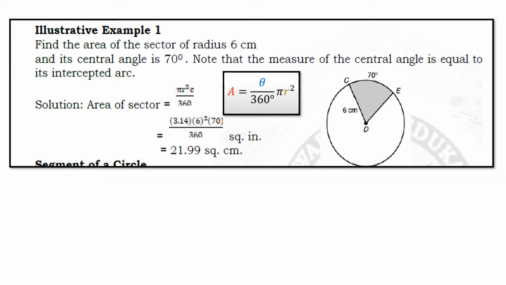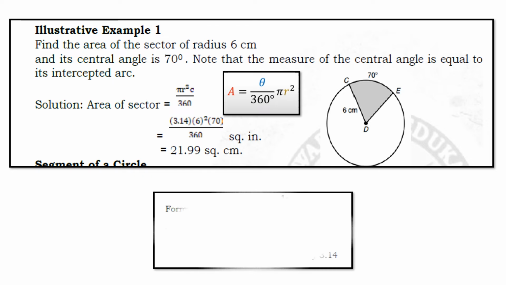So, 3.14 times 6 squared times 70, multiply mo lang yung lahat over 360. So, it is equal to, in decimal, 21.99 square centimeters. Kung gagamitin natin yung kabilang formula, 70 over 360 times pi times 6 squared, which is 36, same lang ang magiging sagot natin.